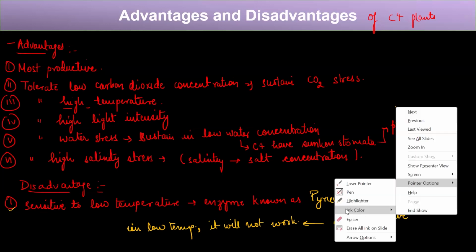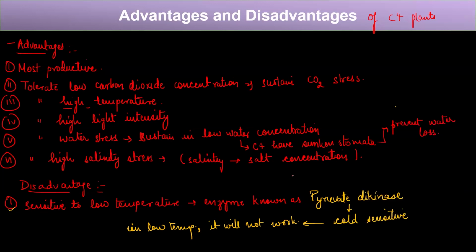Now we know that C4 plants are named because of a dark reaction that takes place in them, and this dark reaction is known as the C4 cycle. Right. So what is the C4 cycle? The C4 cycle was given by scientists named Hatch and Slack.